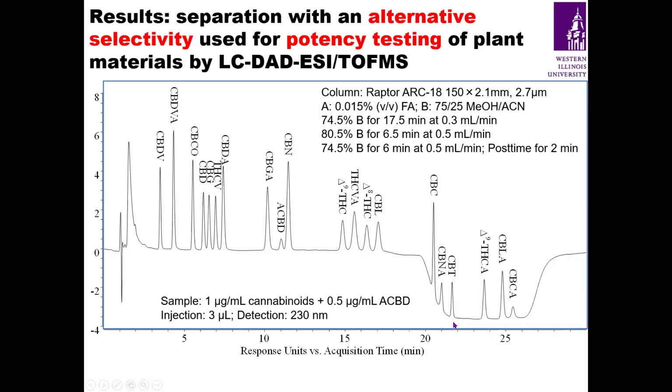This will affect the quantification of cannabinoids on drifted baseline. However, this problem can be solved if you can detect those cannabinoids with UV detection at a longer wavelength than 230 nanometers.